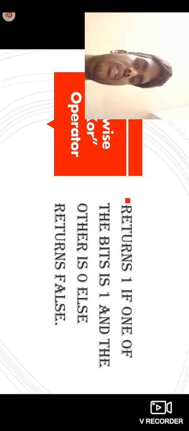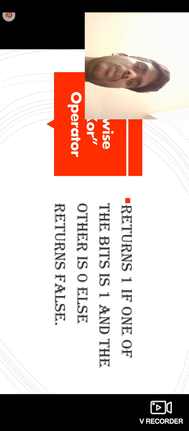And coming to the bitwise XOR operator, if both operands are 1, it prints 0. If you see here, both operands are 0, so it prints 0.